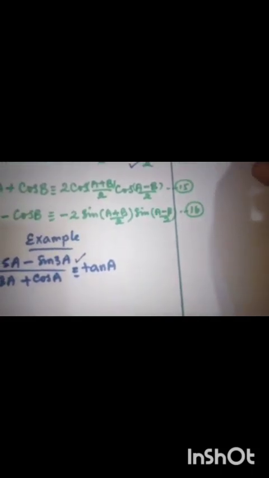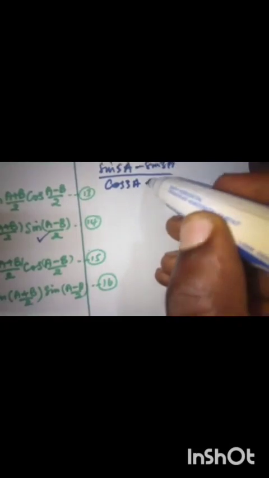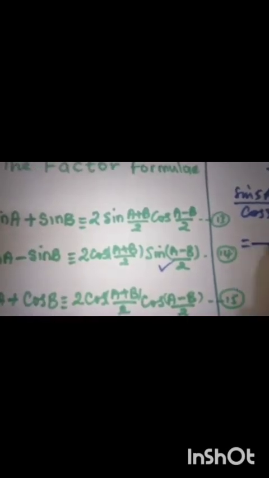So here, sine 5A minus sine 3A all over cos 5A plus cos 3A. What will it be equal to? We are using the factor formula, and take note that we are using multiples of A there as well.